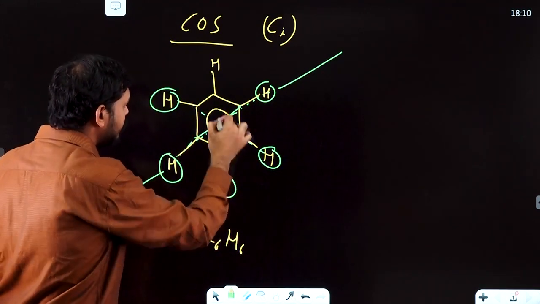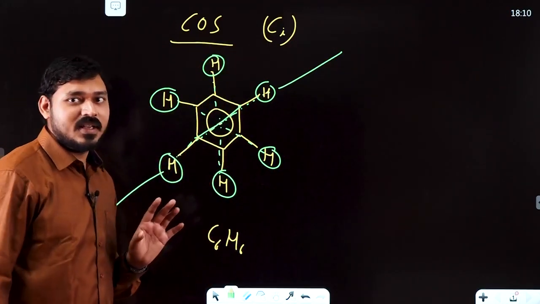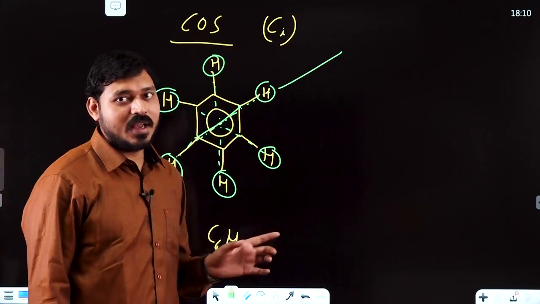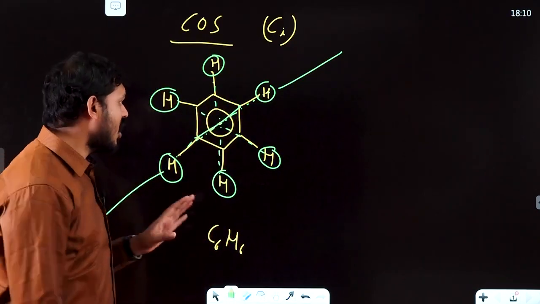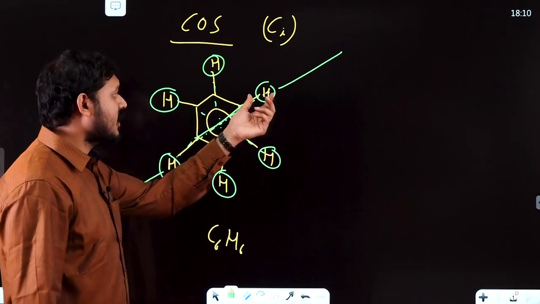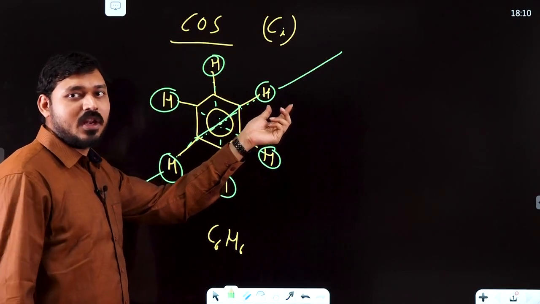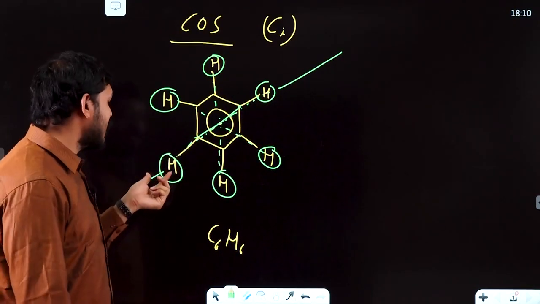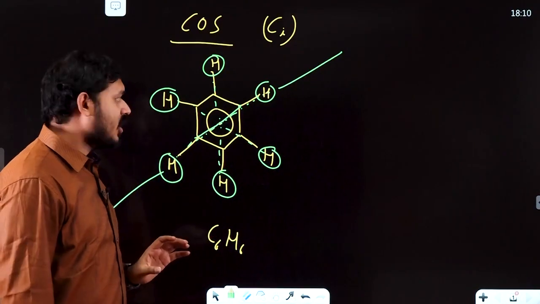So I can simply say benzene has a center of symmetry. Why? Because on choosing an imaginary point, if I draw a line and on moving from one side I get some atom or group, then on moving in the opposite direction I get the same atom or group at equal distance. Then it has center of symmetry.